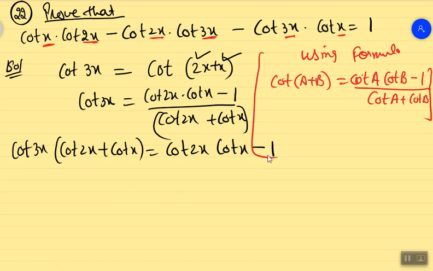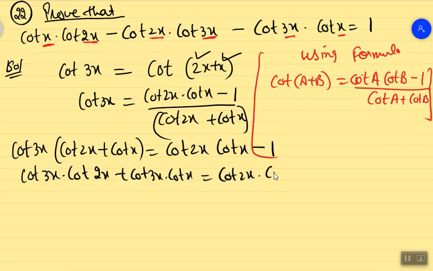So I will take this on the left hand side: cot 3x cot 2x plus cot 3x cot x is equal to cot 2x cot x minus 1. So the minus 1 term I will take to the left hand side, where it becomes plus 1, and the other two terms which are circled I will take to the right hand side.